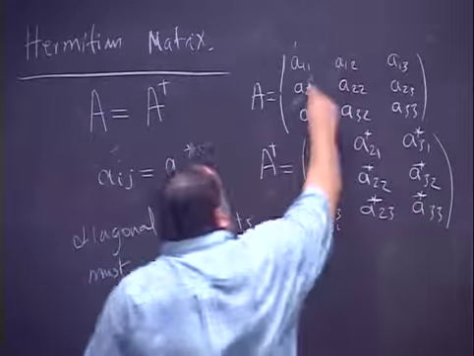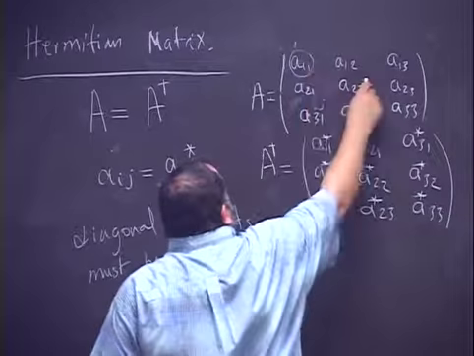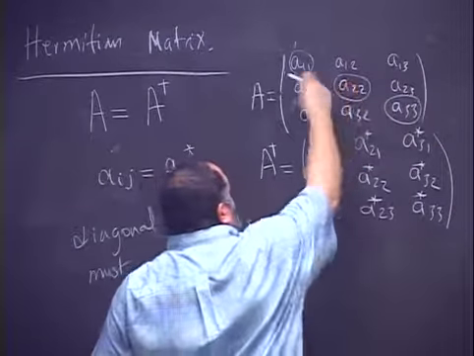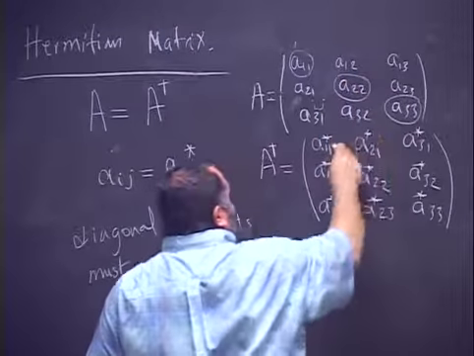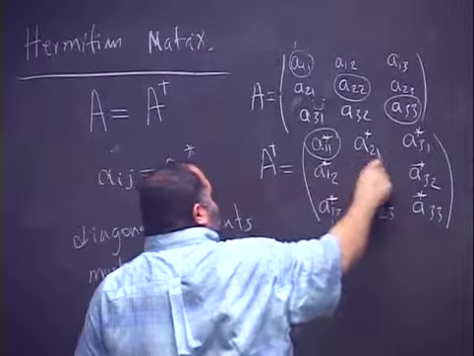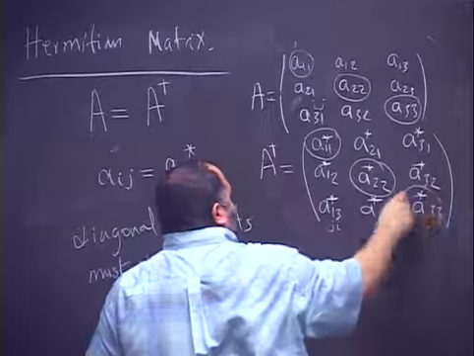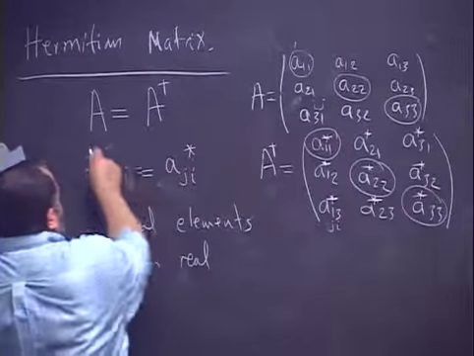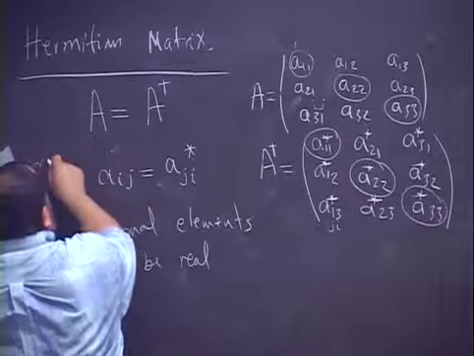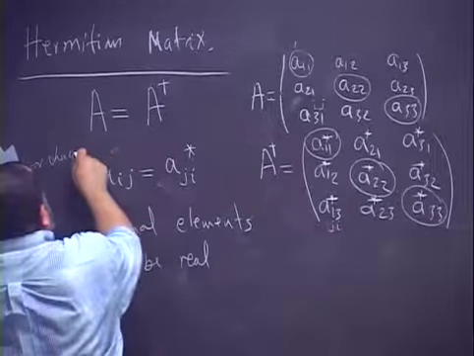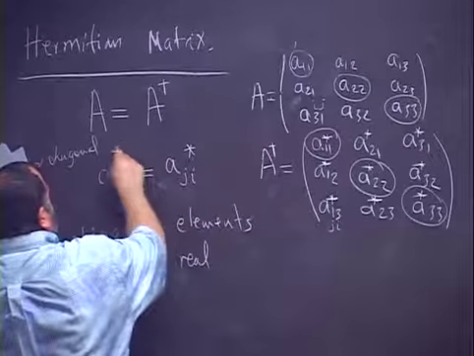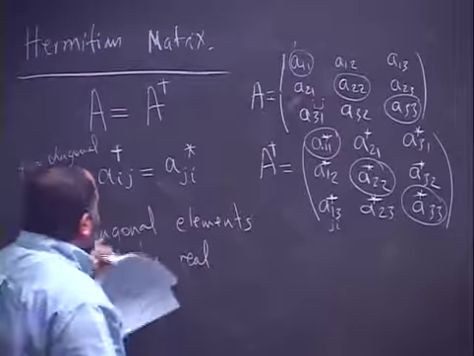Because the diagonal is still the same. Yes? A11, A22, A33. And the diagonal element is what? Still the same, but this is just for the diagonal. For the diagonal, if you take the dagger of the diagonal, you do what?